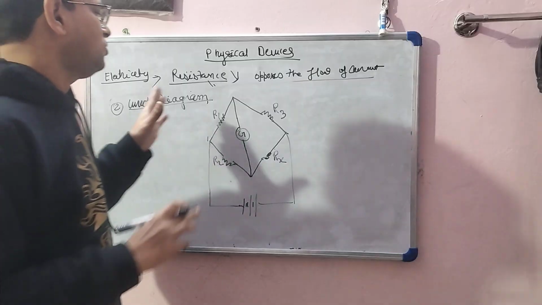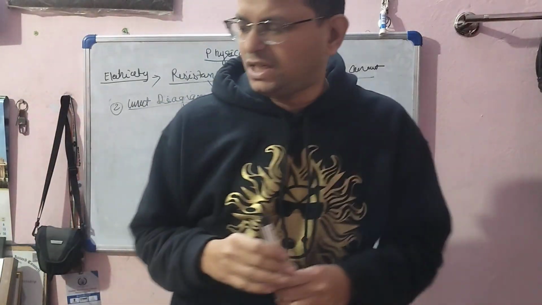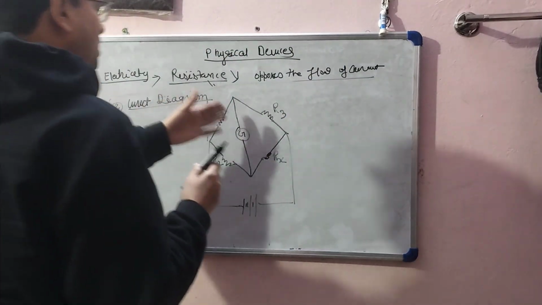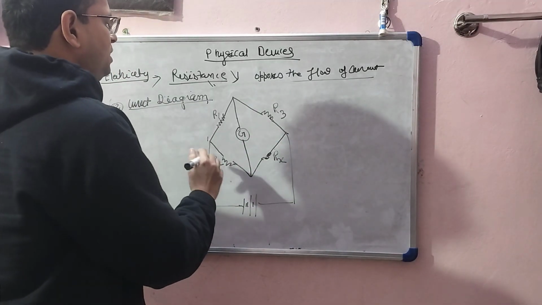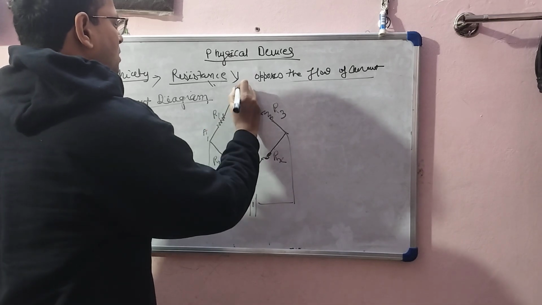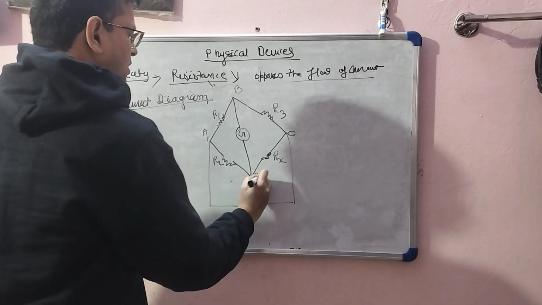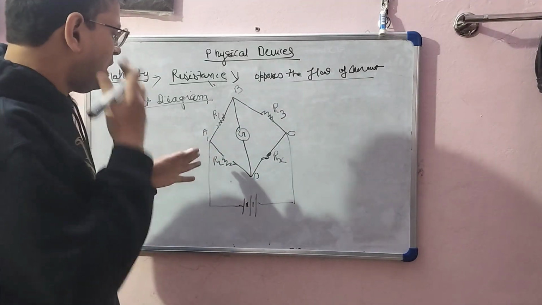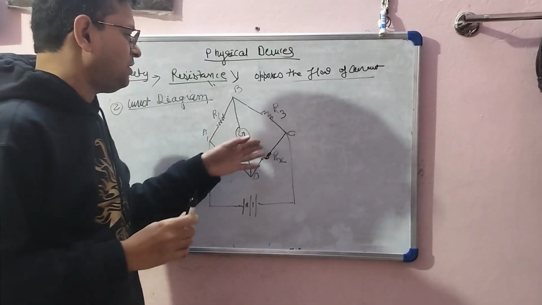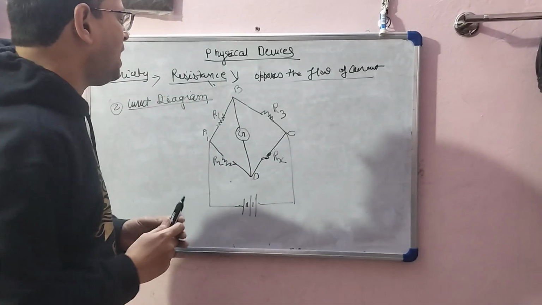What does this diagram say? In the two legs of the circuit, R1 here, R2 here, with points A, B, C, D. R1, R2, R3 and R4, where R4 is called Rx.